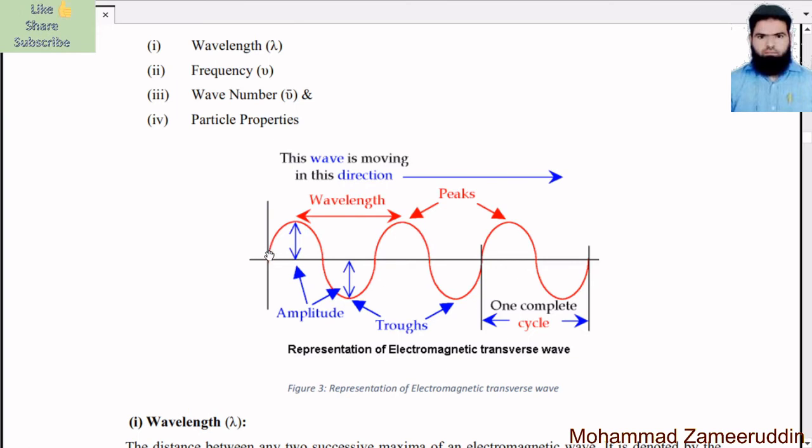From this point to this point is called one wave, and the distance between two consecutive troughs or peaks is called the wavelength. When one wave has one peak and one trough, this is called one cycle.